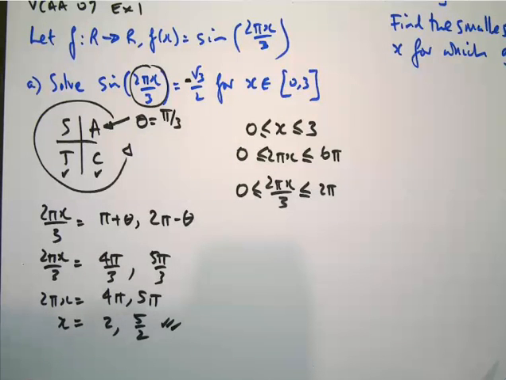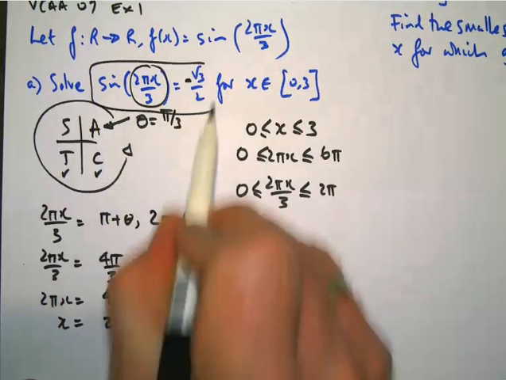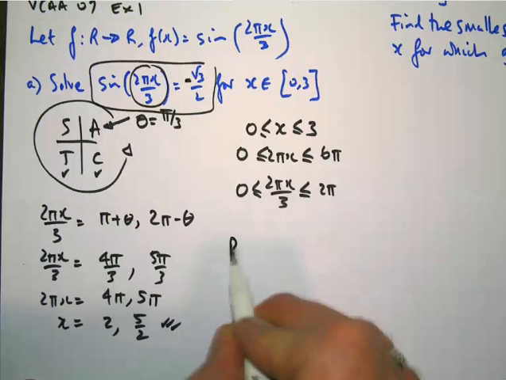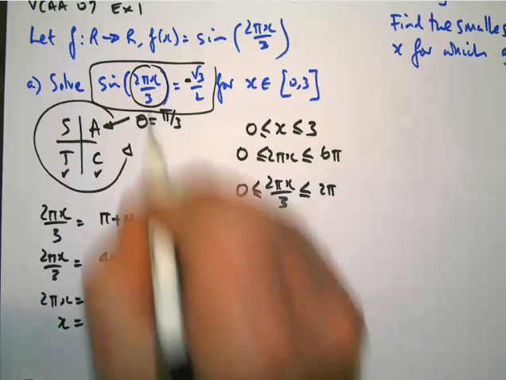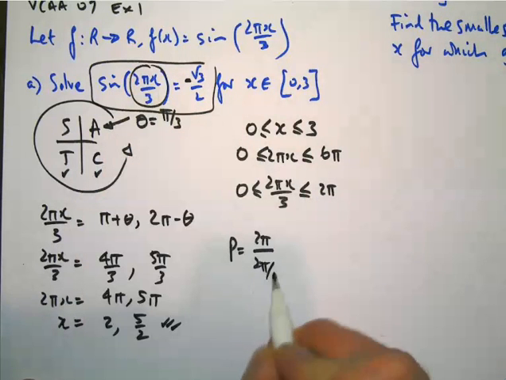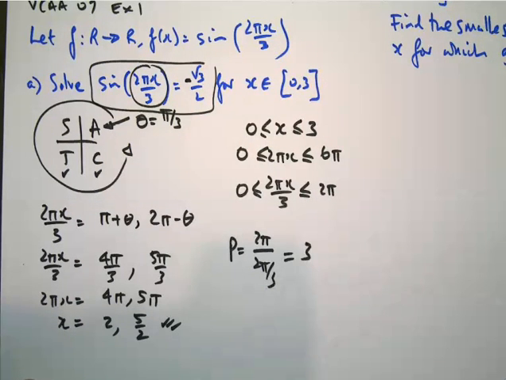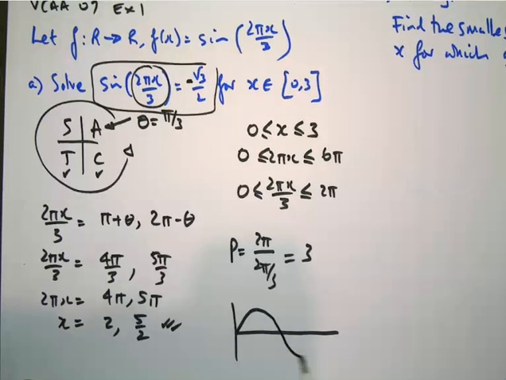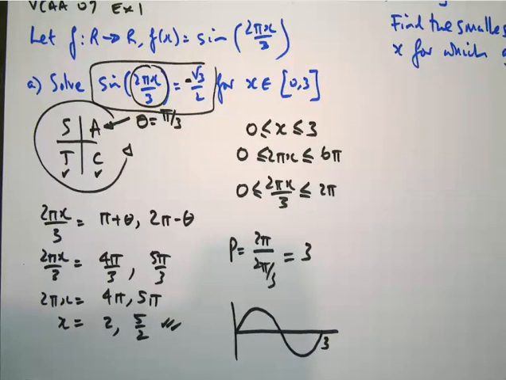Now, what do I know about this? This will have a period of 2 pi divided by 2 pi on 3, or 3. So here it is, all the way up to 3. That will be 1.5. And where is it minus root 3 on 2?